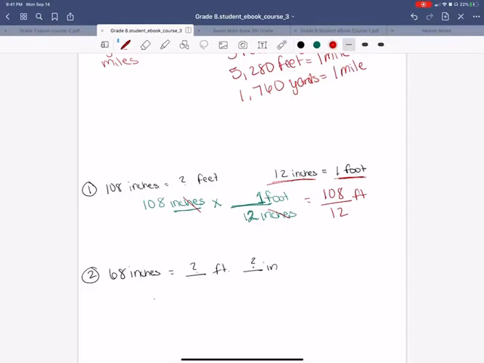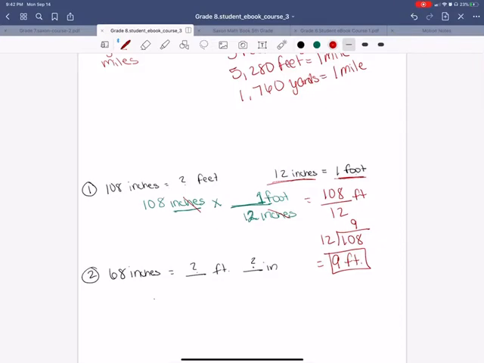When we divide those, we're going to be left with 9, because 108 divided by 12 is 9. So ultimately, 108 inches equals 9 feet.